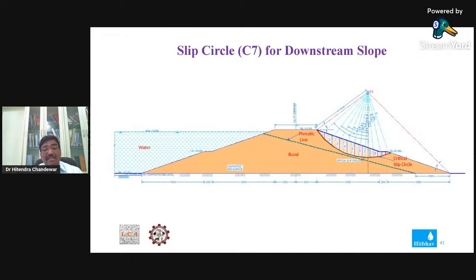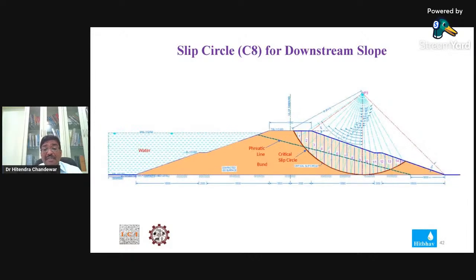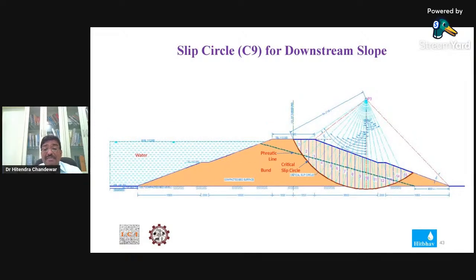Then slip circle 7 is for the downstream slope. Again, the slip circle starts from the outer edge of the bund top. The second one starts from the point tangent to the dam seat. The third one starts from the mid width of the top width of the dam.